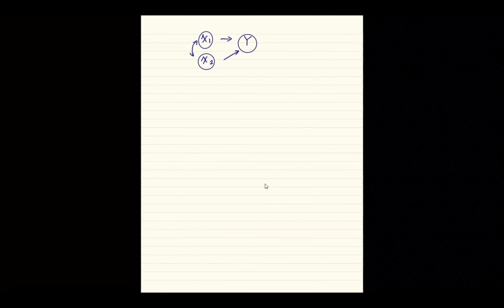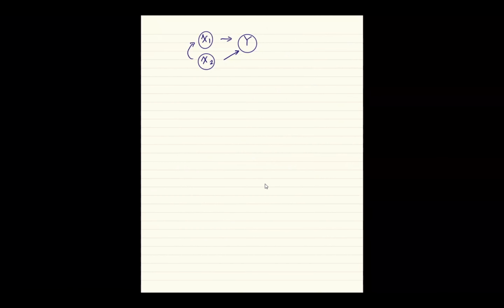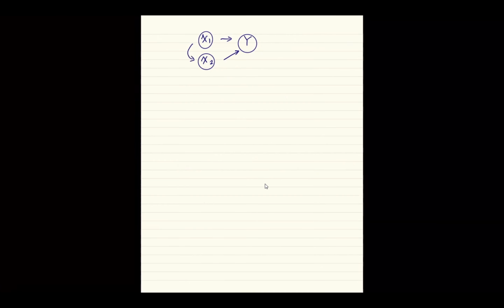Of course, there are other kinds of relationships, and this arrow could also be one way. You see, it could be this way, or it could be this way, or it could be double.